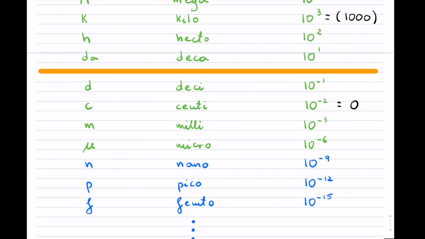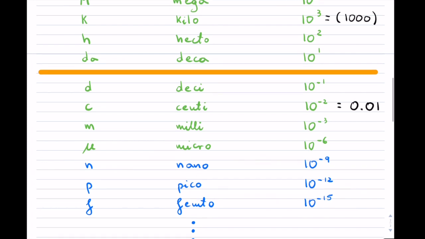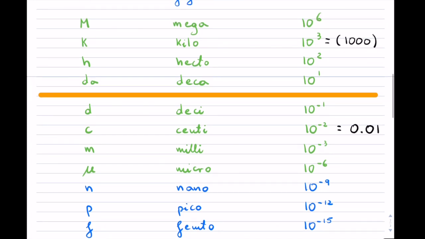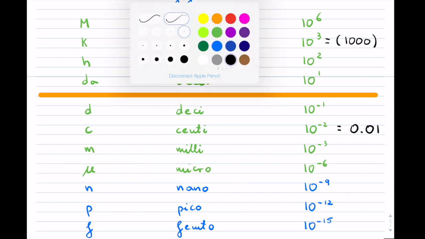So that, in terms of a decimal, would mean 0.01. Milli is 10 to the power of -3, which would be 0.001, and so on.